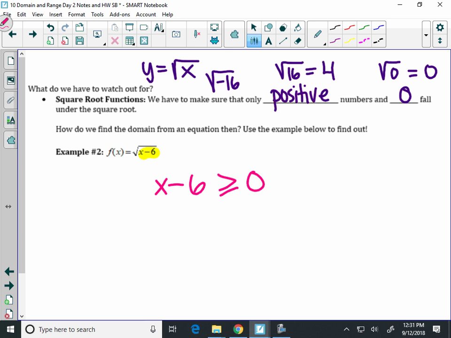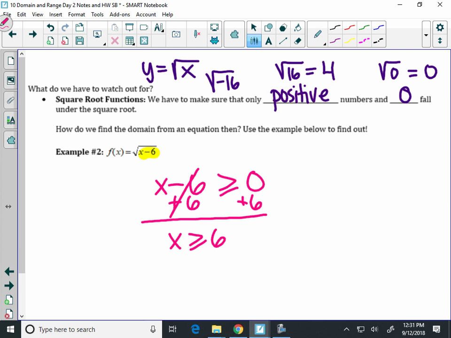Okay, so that whole thing under the radical can be equal to a number that's 0 or bigger. So now we need to solve this for x so that we can figure out what inputs I am allowed to put into the function. So we're just going to add 6 to both sides here. When we do that, we get x is greater than or equal to 6. Those are the x values you are allowed to put in to this function.